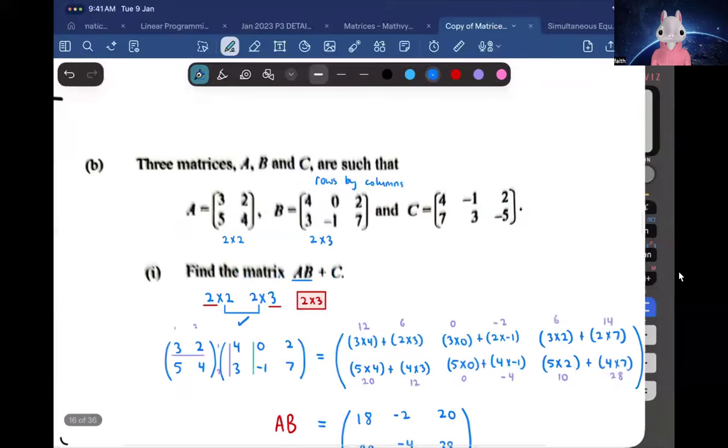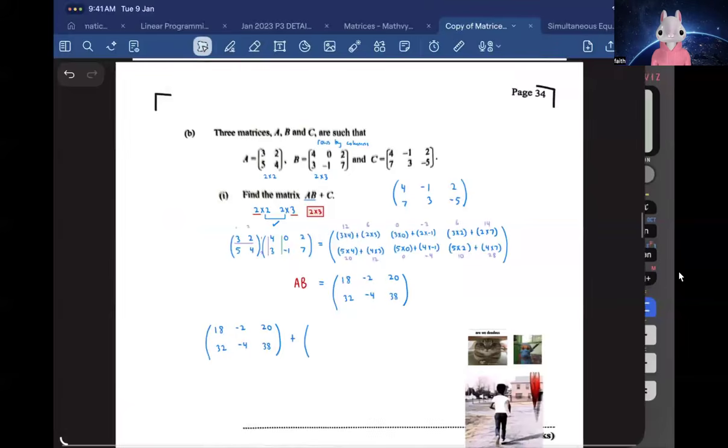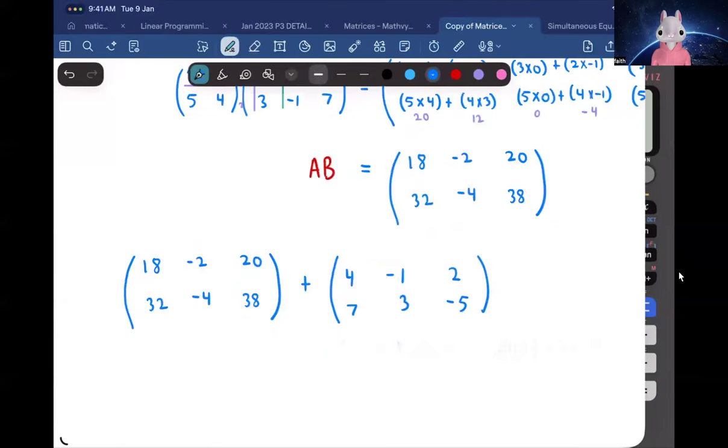Now C is 4, -1, 2, 7, 3, -5. Right, so guys, anytime you have the same order matrix, you are just going to add the corresponding elements.